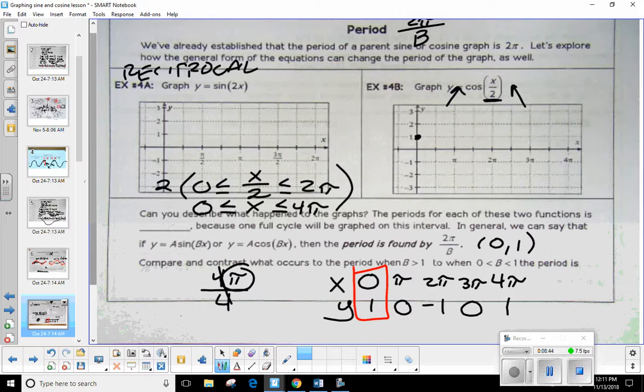From the origin, I go pi to the right. 0 has me staying exactly where I am. What's the third ordered pair? From the 0, 2 pi to the right, -1 down. Then we have 3 pi, 0. And then we finish up with 4 pi, 1. And there we go.